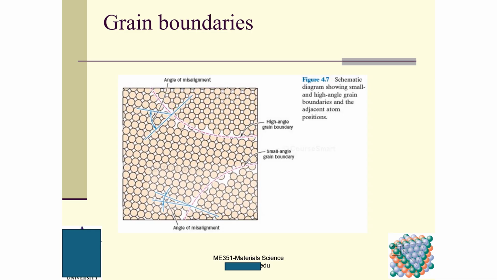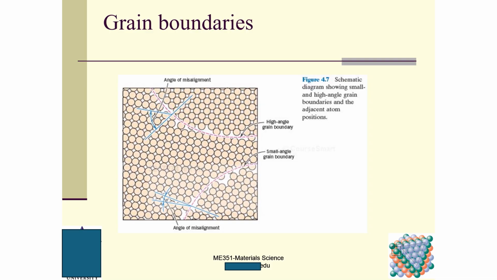This is also called the angle of misalignment. As I said, even though there are multiple grains of the same material, they are aligned with different orientations, and this results in a polycrystalline material.